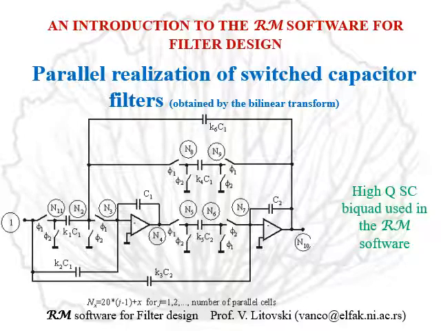Here is one of the cells which are connected in parallel. This is a second order biquad implemented for the case when the poles of the cell have a high quality factor.